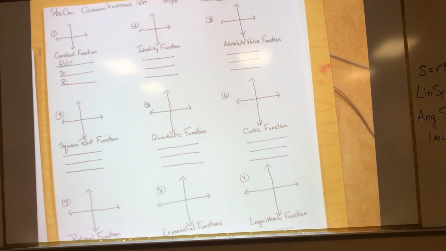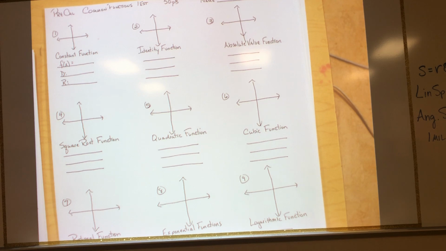So the first thing I'm going to do when you walk in the classroom is you're going to clear your desk and I'm going to give you a little sheet of paper. And I'm going to say, write the first 5 common functions.